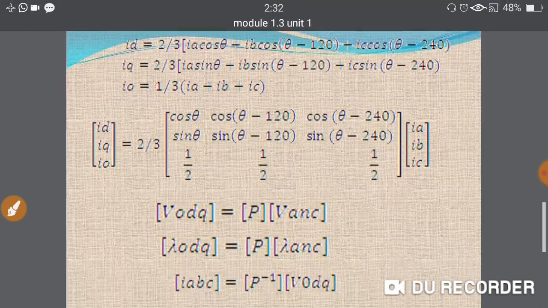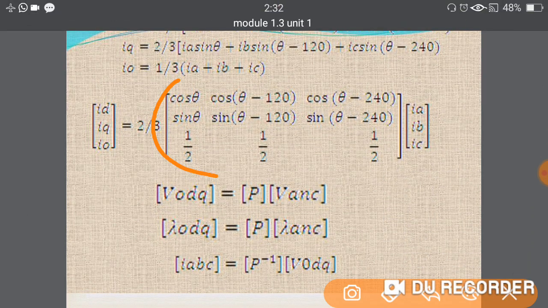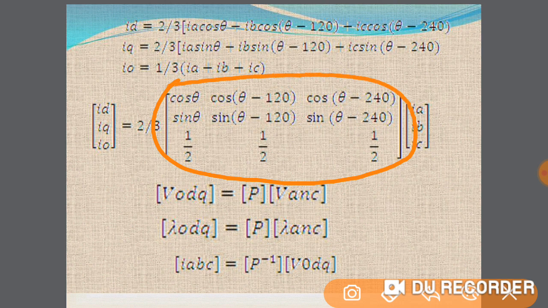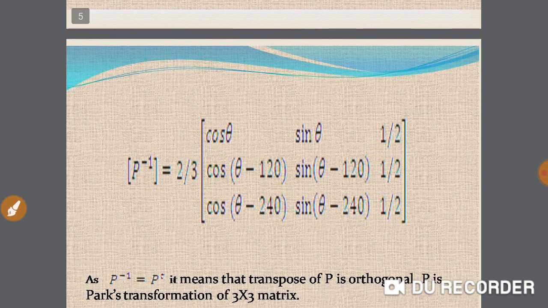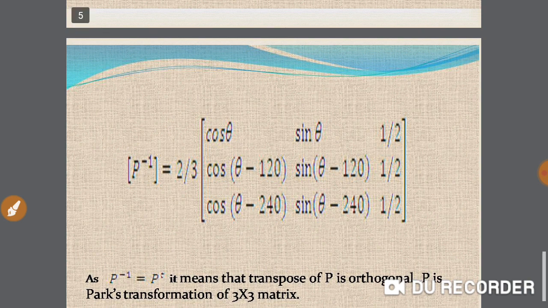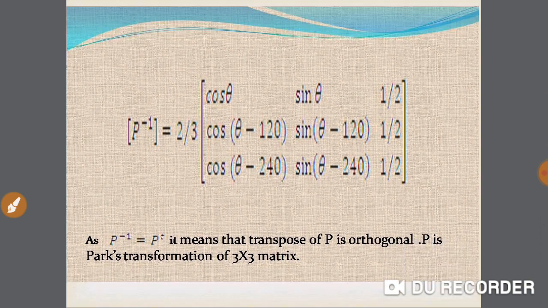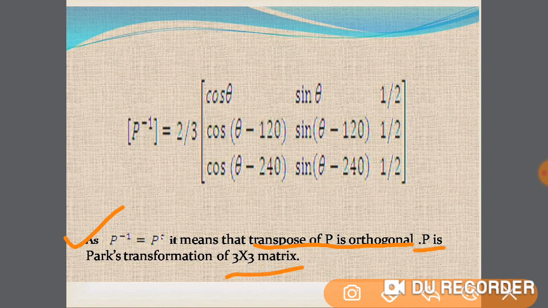If I take the transpose of this matrix, I will get what I have here. Just interchange the rows into columns and columns into rows. So we get the P inverse and the relation satisfies itself. As I have mentioned here, the P inverse is the P transpose, that is the transpose of P, and it is orthogonal, where P is a 3 by 3 matrix.